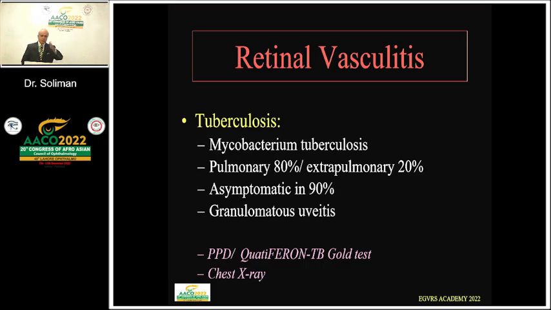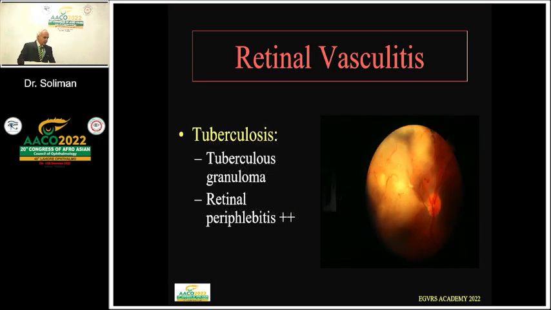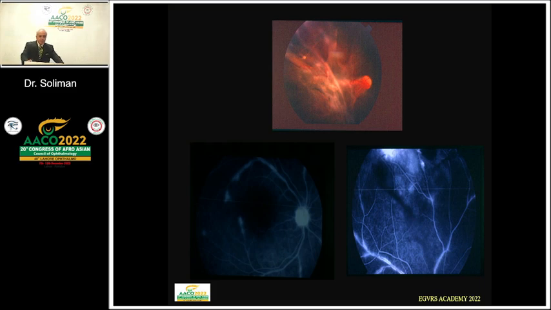How to diagnose? You probably know more than I do how to diagnose tuberculosis by different tests. So what do we find in patients with tuberculosis? A tuberculous granuloma is a presentation, and a very significant retinal periphlebitis. Take this patient here. This was a 16-year-old girl.